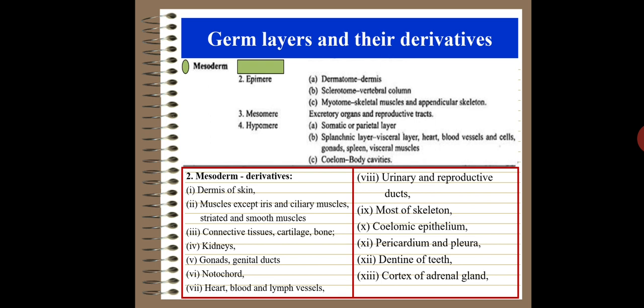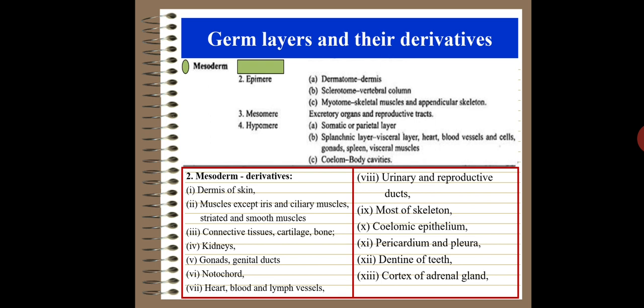Mesoderm derivatives totally: dermis of skin, muscles except iris and ciliary muscles, connective tissue, cartilage, bone, kidney, gonad, genital ducts, notochord, heart, blood and lymph vessels, urinary and reproductive ducts.